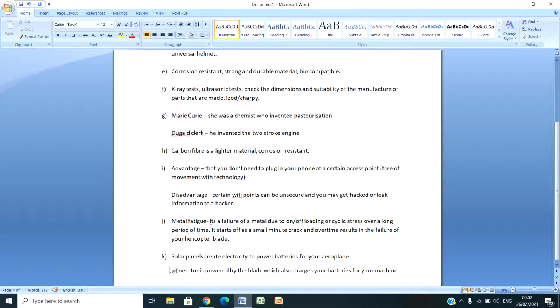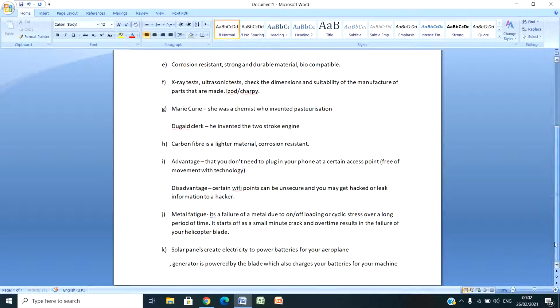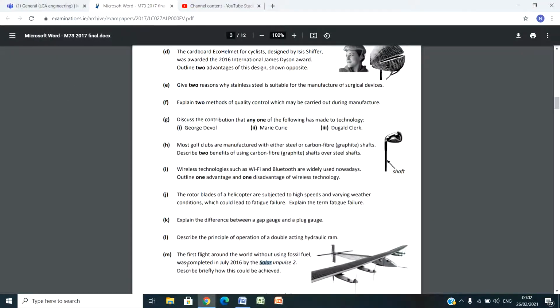So when your blade spins, essentially you're taking that kinetic energy, turning it into electrical energy, powering your batteries, which is basically conserving energy for the long haul to use it to power your blade again. Okay, so that's what we're doing there, guys. That's how we're conserving energy. So that is technically not K, that is M.